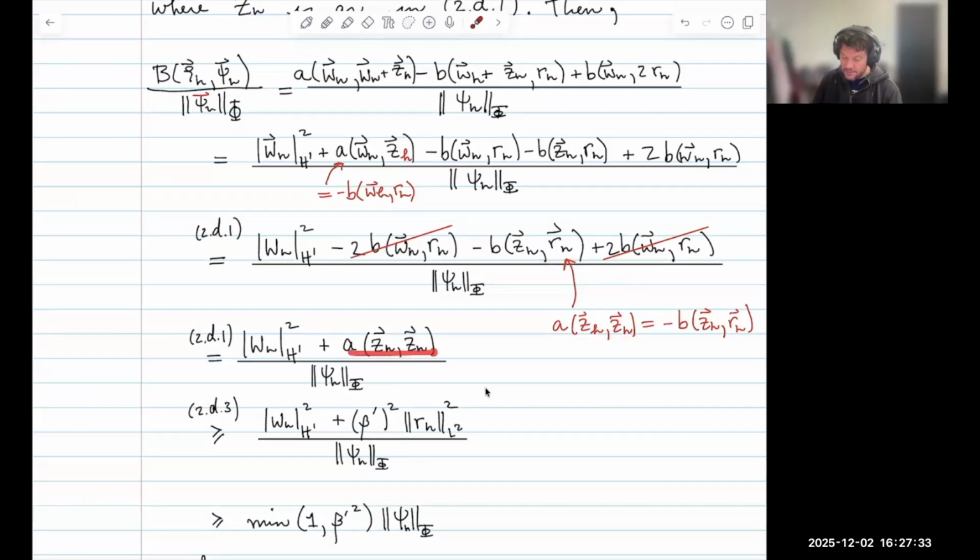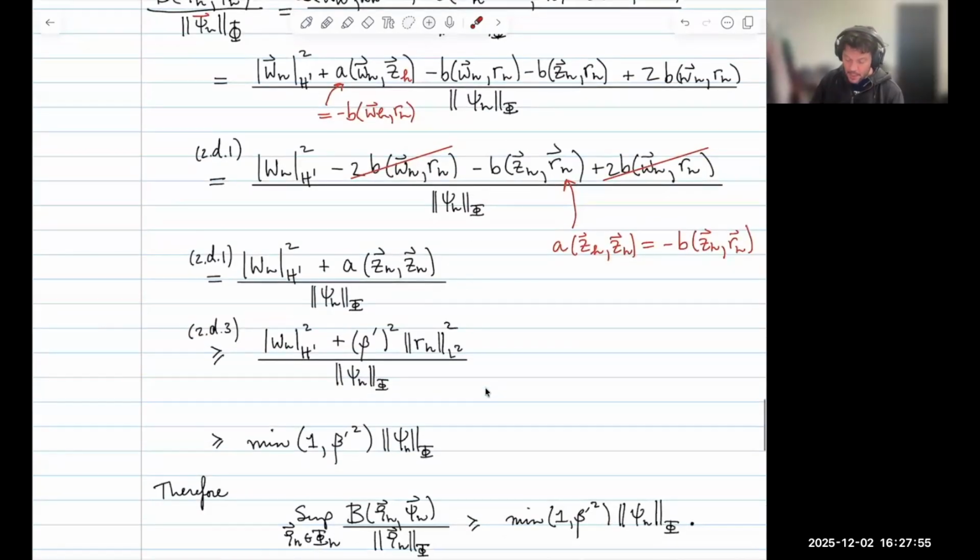But this is equal to ZH norm squared, right? Or the semi-norm squared of ZH. But we said that has a lower bound, which is going to be beta prime. Of course, this is semi-norm squared, so it's going to be beta prime squared RH L2 norm squared. Okay? Now I can look at these two coefficients.